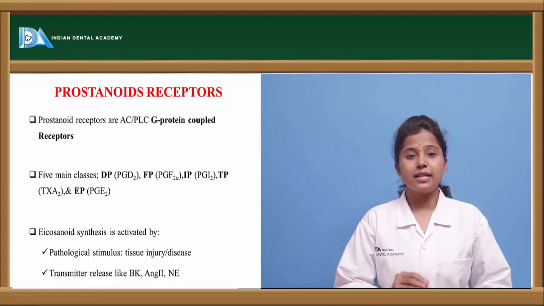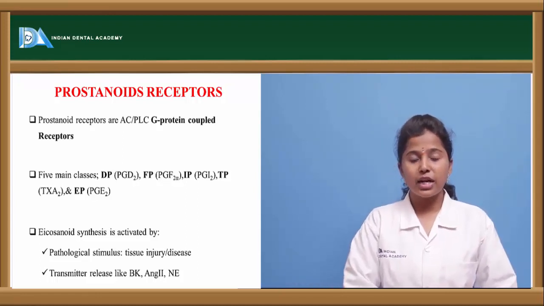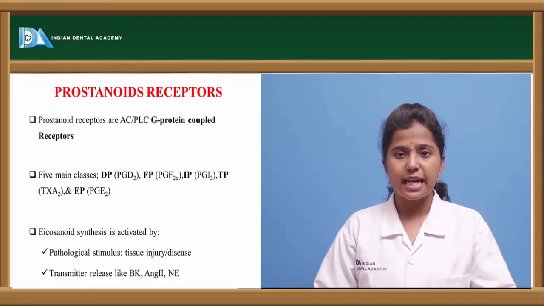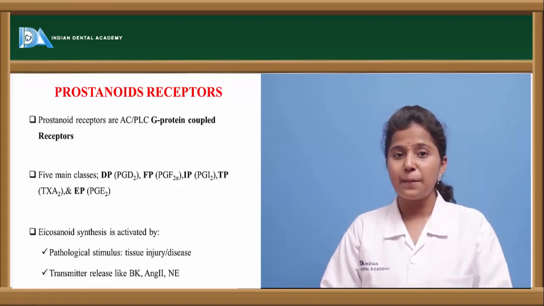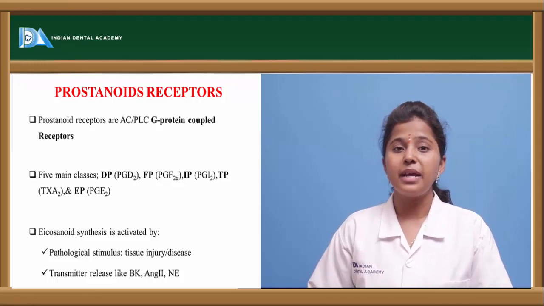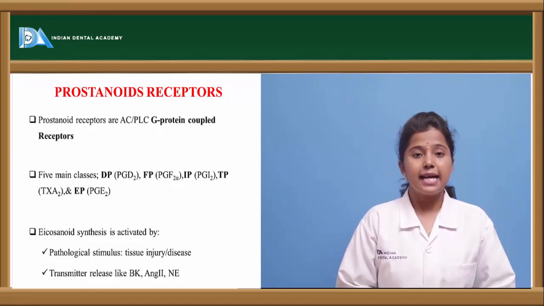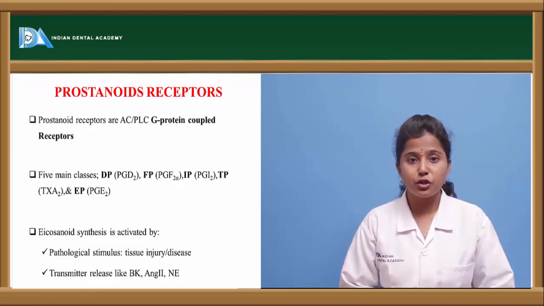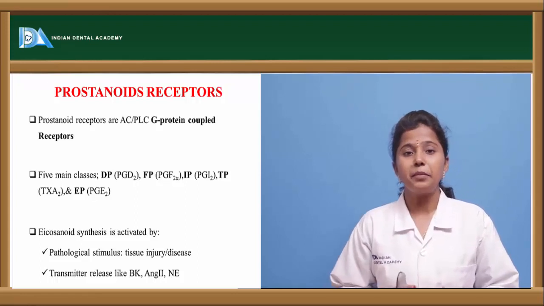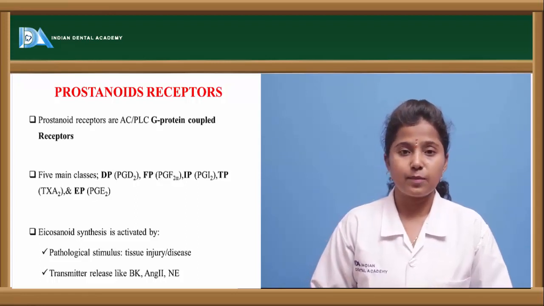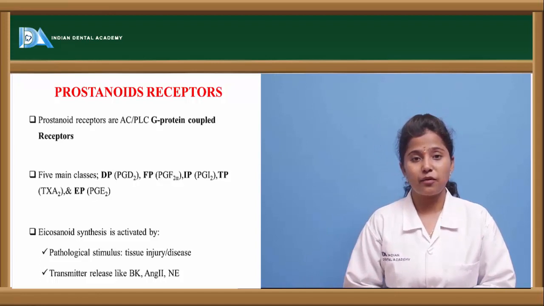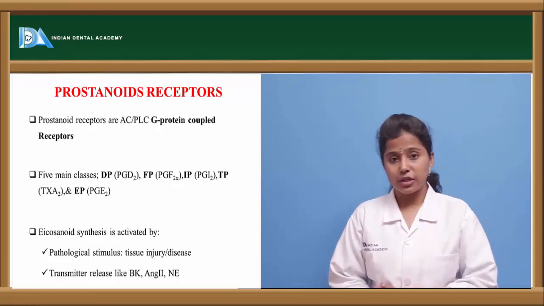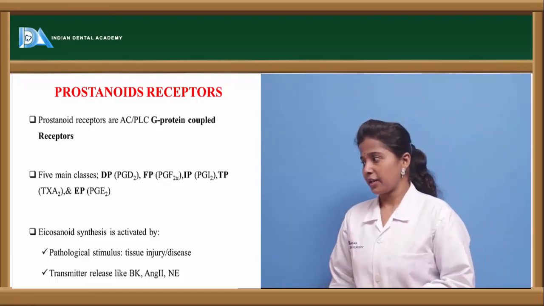So when these prostaglandins bind to those receptors, cyclic AMP or cyclic GMP is converted to AMP or GMP, and thereby constriction or dilatation of a particular muscle tissue takes place. So these are GPCR type of receptors where these prostaglandins bind and exert their action.